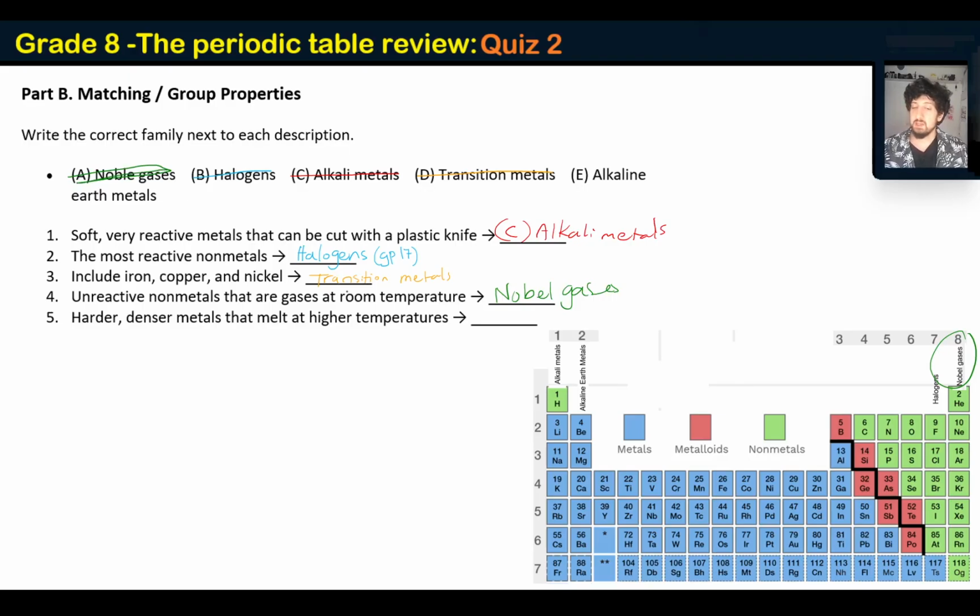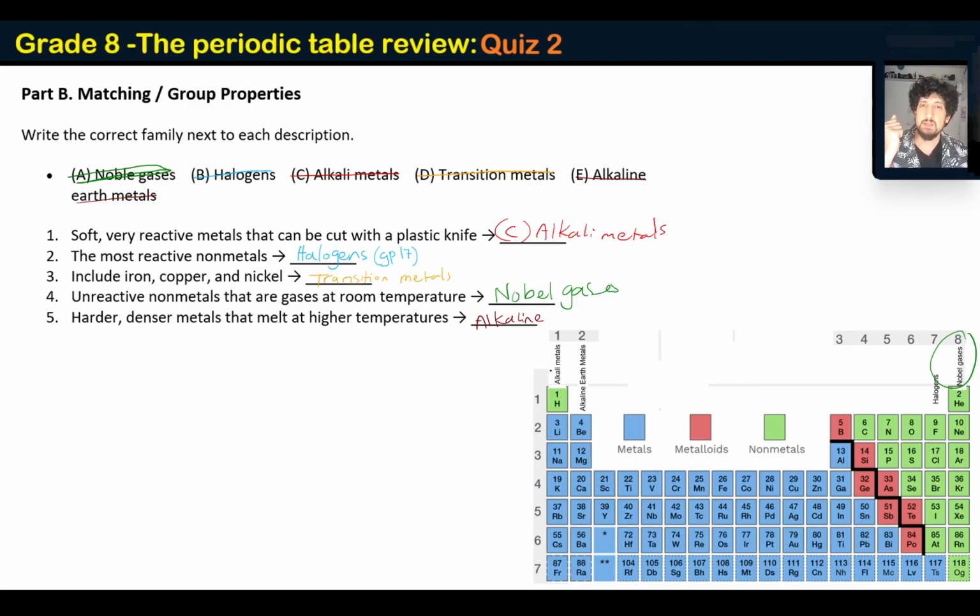And we kind of know the answer to the last one, but we might as well do it. Harder, denser metals that melt at higher temperatures. Alkaline earth metals. These are these guys here. They are a lot denser than alkali metals. Alkali metals are soft and they actually float on top of water. But alkaline earth metals are much denser.